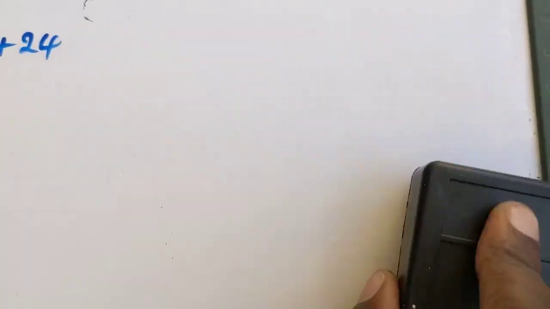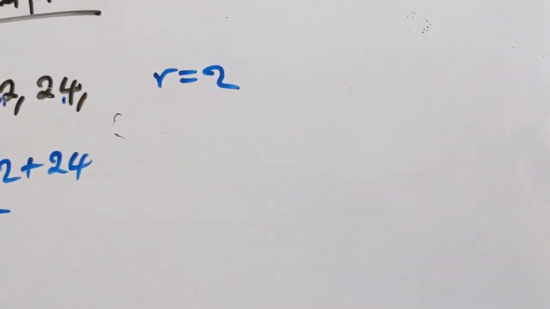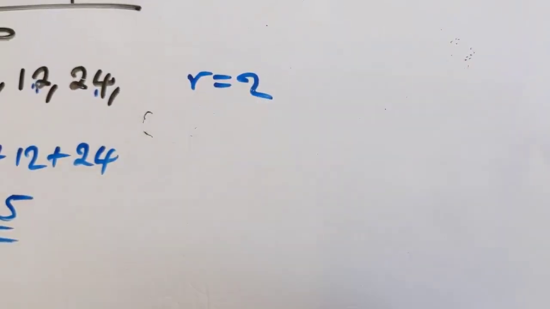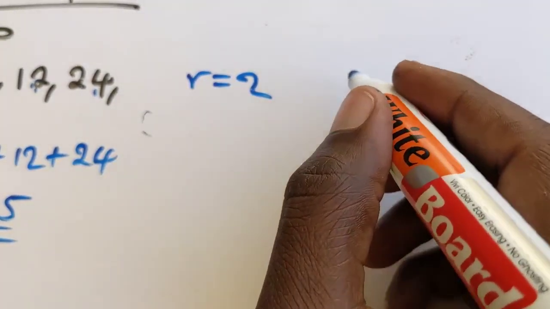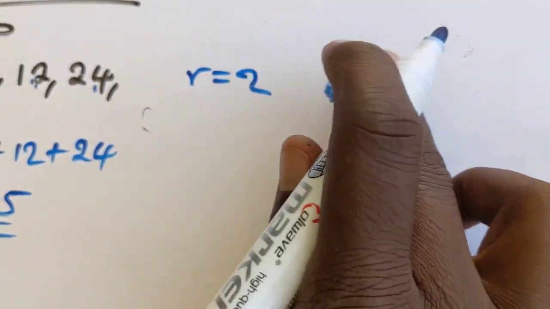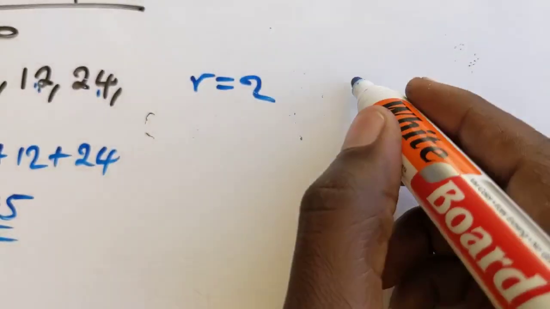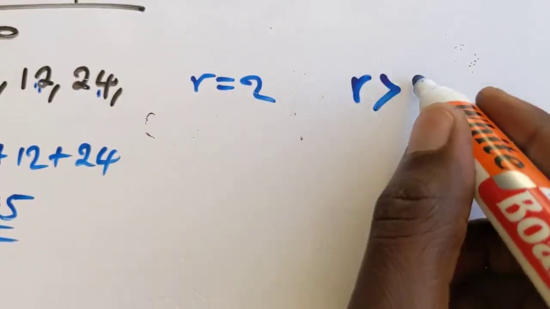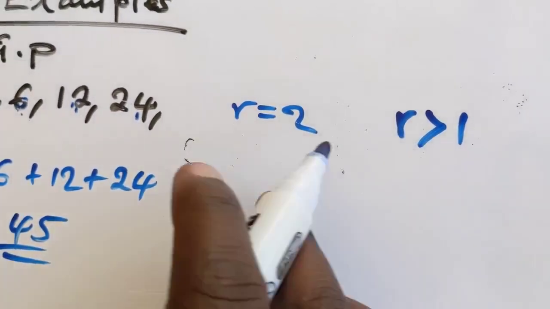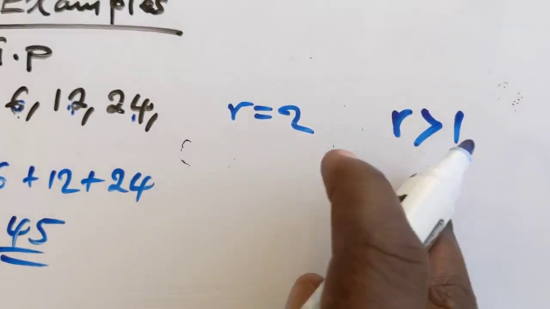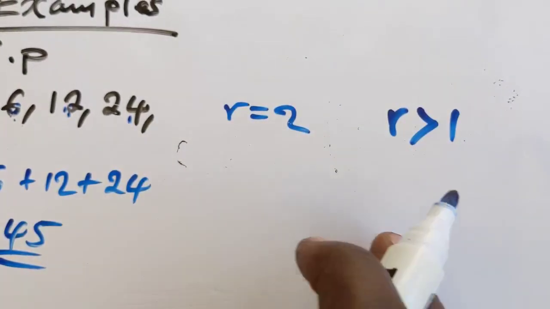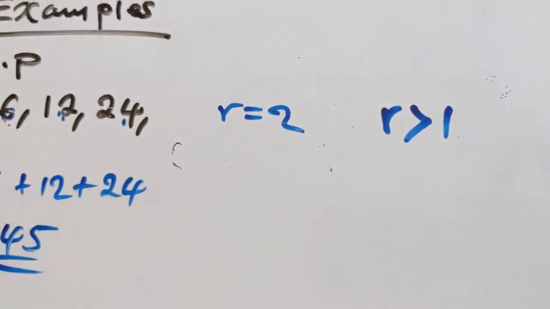Since the common ratio r is greater than 1, the formula we're supposed to use is different. You'll be told that for this formula the common ratio is greater than 1, and for the other formula the common ratio is less than 1.